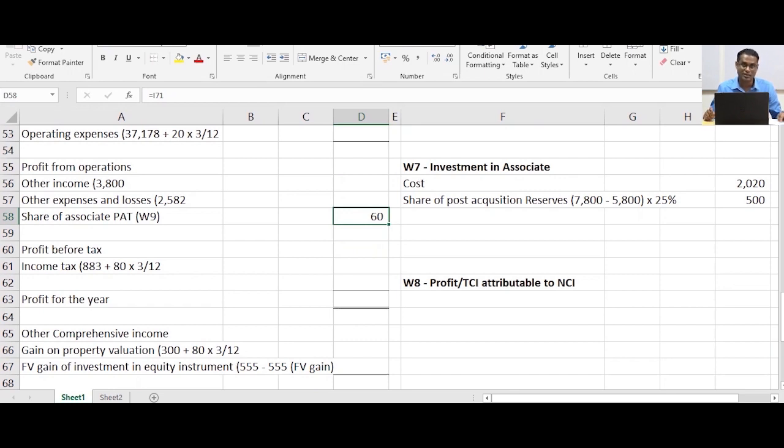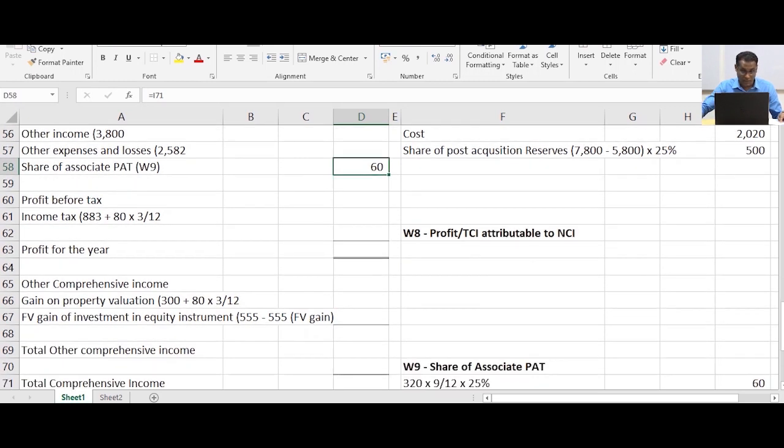Out of this 80, the relevant amount for the 9 months, so 80 into 9 upon 12, and out of that 25% you need to allocate to Pinnacle. So under the other comprehensive income I need to have another line item, because like share of profit after tax, you need to take the share of other comprehensive income with regard to the associate.